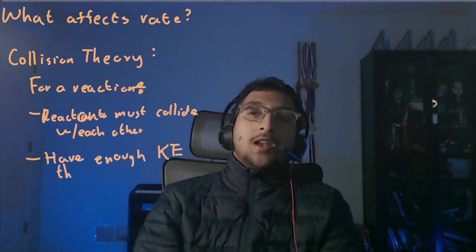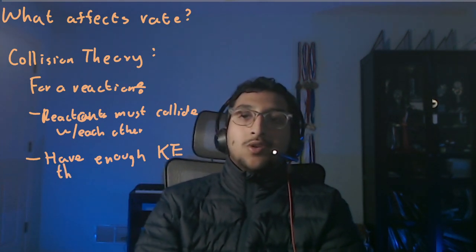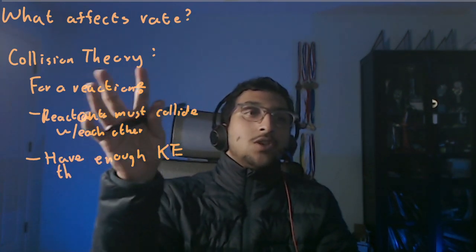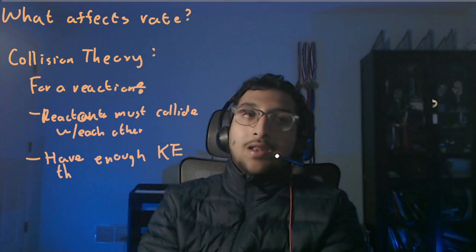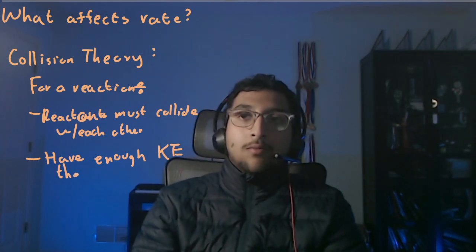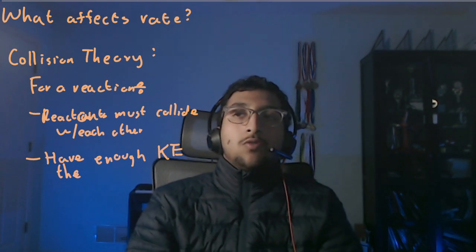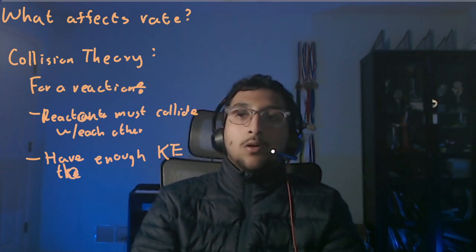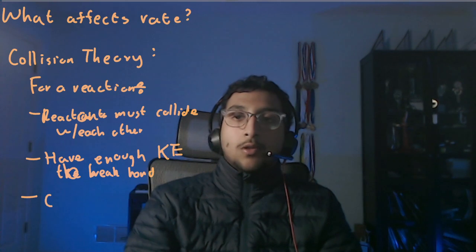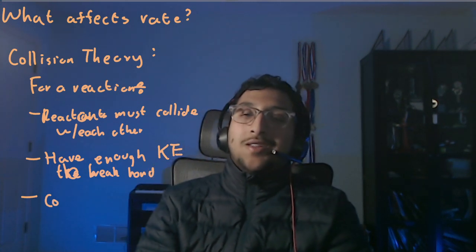And this is from the thermochemistry unit we did, how we needed extra energy to break bonds and then form the new bonds. So they need enough kinetic energy to break bonds, and the correct attachment, correct geometric arrangement.